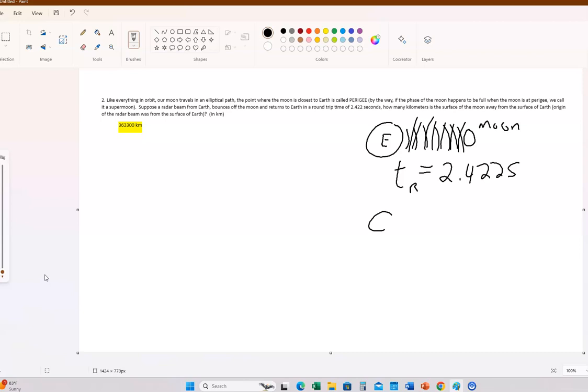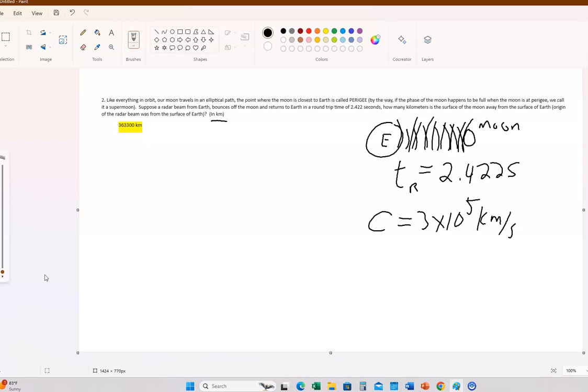It's called C. Normally it's 3 times 10 to the 8th meters per second, or you could write it as 3 times 10 to the 5th kilometers per second. The reason I did this is because they want to know the distance between the surface of the Earth and the surface of the moon in kilometers. See, it says it right there.